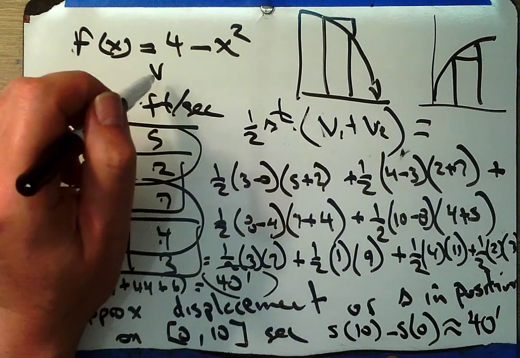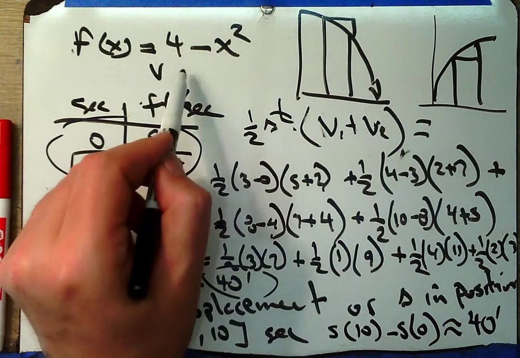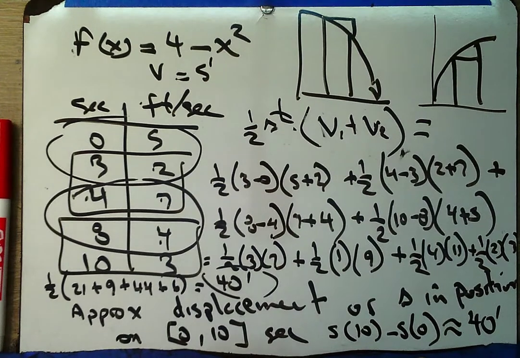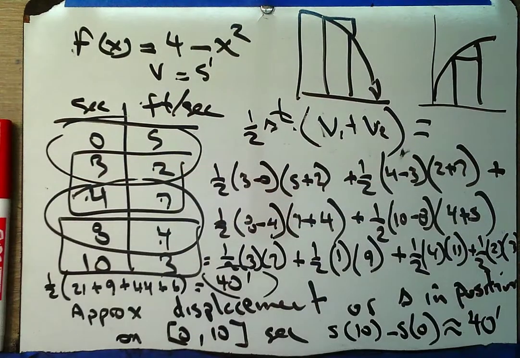We're using velocity to say something about position. I'm using the derivative of position to say something about the antiderivative of velocity. The antiderivative of velocity is position, and I can say something about the antiderivative simply by using that original function. And we're going to be doing a lot more of that.